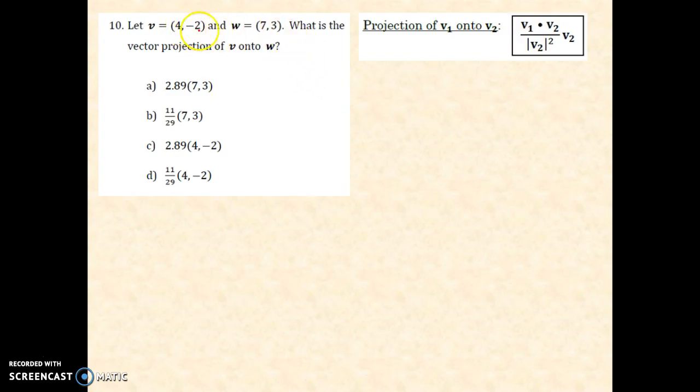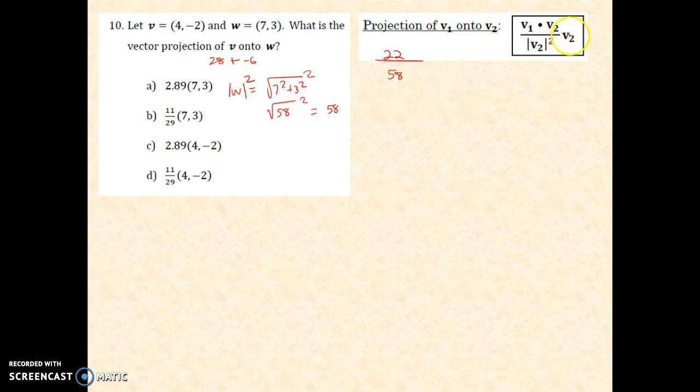The dot product was 22. 4 times 7 was 28. Negative 2 times 3 was negative 6. So the dot product was 22 on top. And then we did the magnitude. Magnitude of W was the square root of 7 squared plus 3 squared, which was the square root of 58. But if we're going to square that, that's just 58.